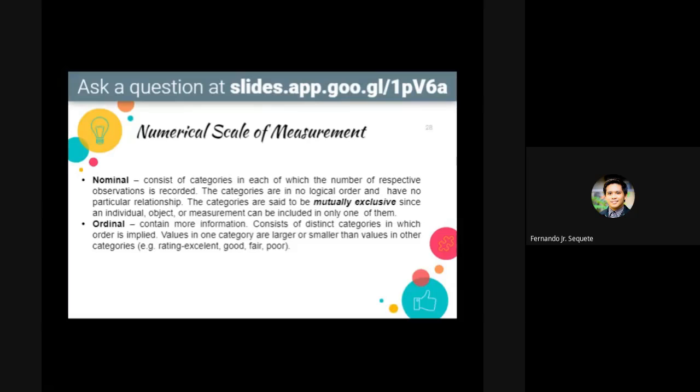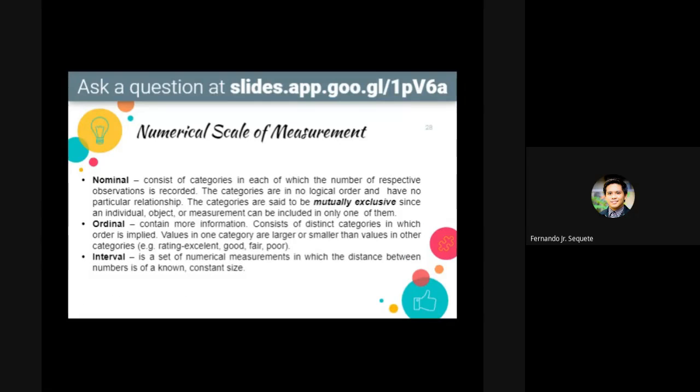Okay, it is only order, but they don't have any relationship. So in nominal, no logical order, no relationship. But in ordinal, there is a logical order, but no particular relationship. Please take note of that. Next numerical scale we have is interval.